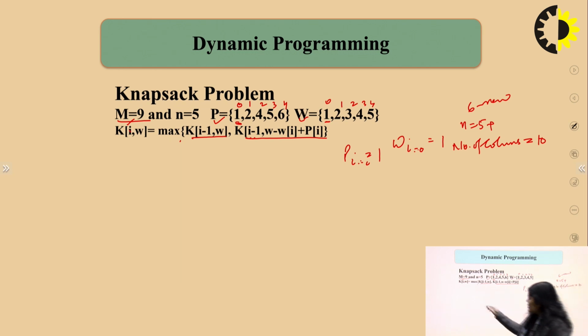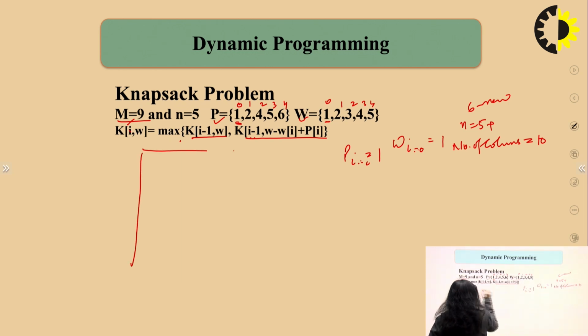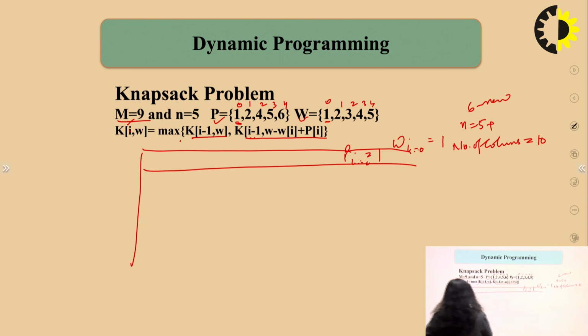Now create a table like this. So for example, this is my table, and here I am writing the object numbers. I have taken one extra row, so one extra object 0, then the first object, second, third, fourth and fifth.